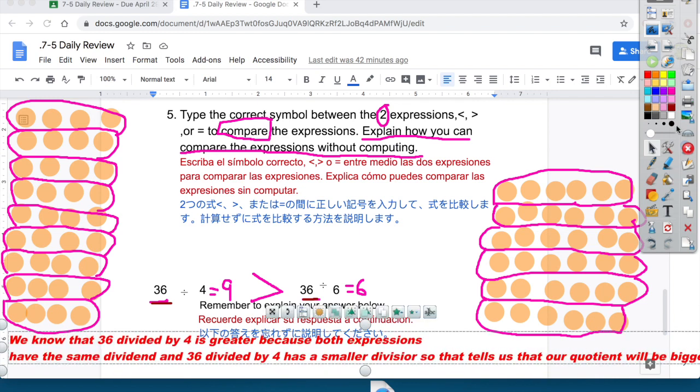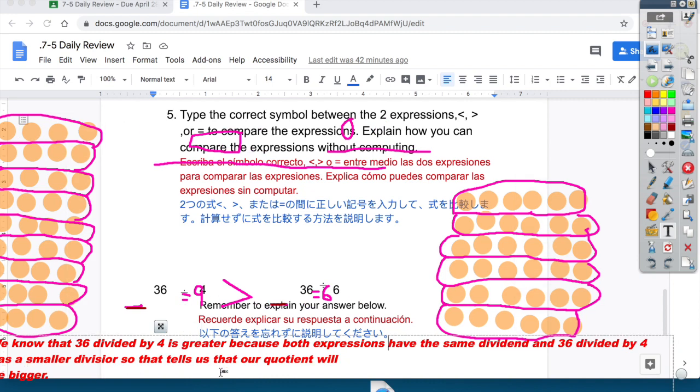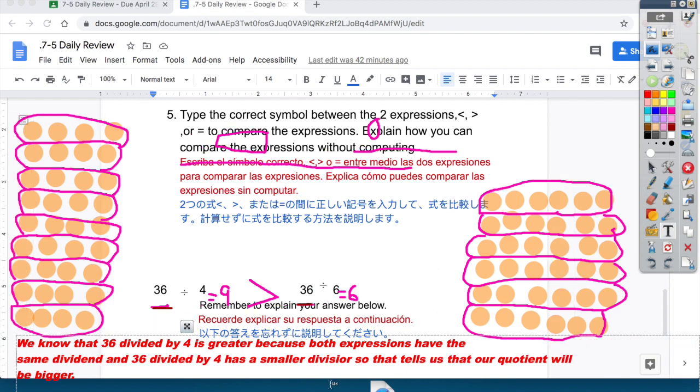Hopefully we can make everything fit. All right. So we know that 36 divided by 4 is greater because both expressions have the same dividend, and 36 divided by 4 has a smaller divisor. So that tells us that our quotient will be bigger.